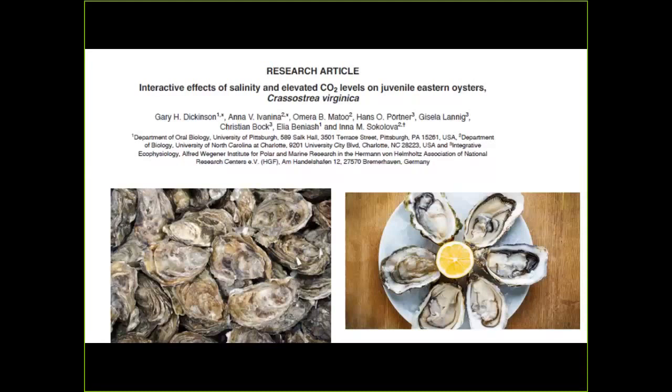So interactive effects of salinity and elevated CO2 levels on juvenile eastern oysters, and the effects are increased mortality, slower growth of the oysters, thinner shelled oysters. And so if you're growing more slowly, you're smaller for a longer period of time, and your shells are thinner, it's going to be easier for predators to eat you. So it's bad for the oyster. Could be good for the predators, though, which is interesting.